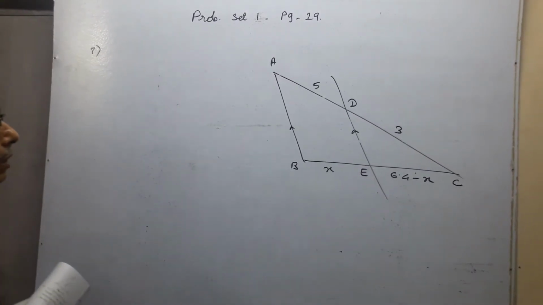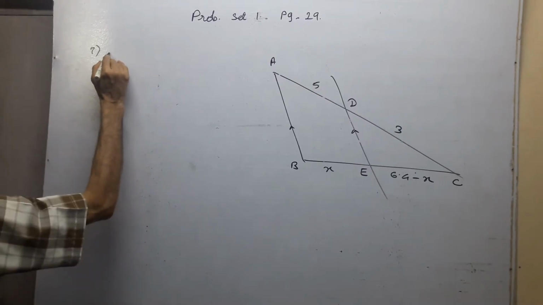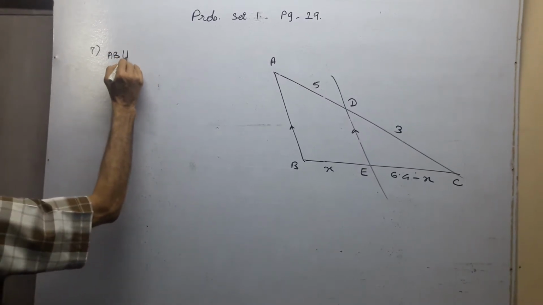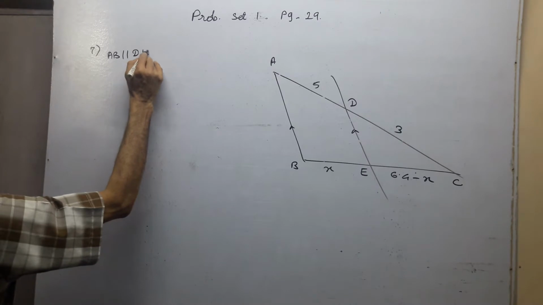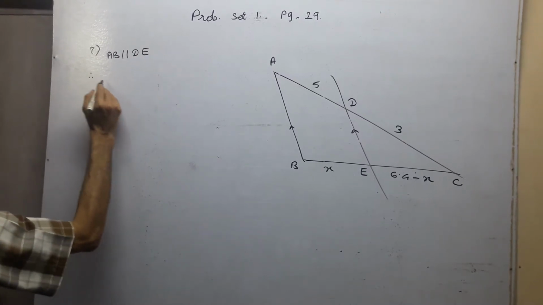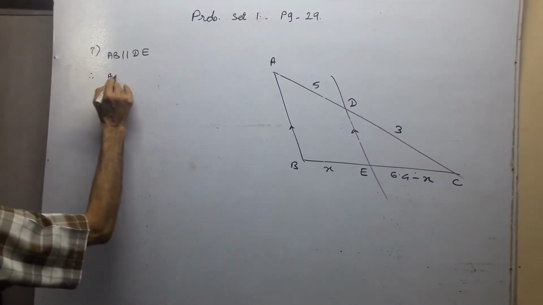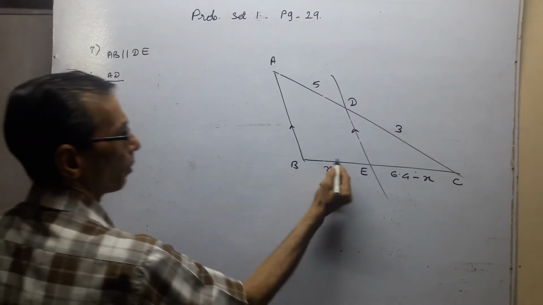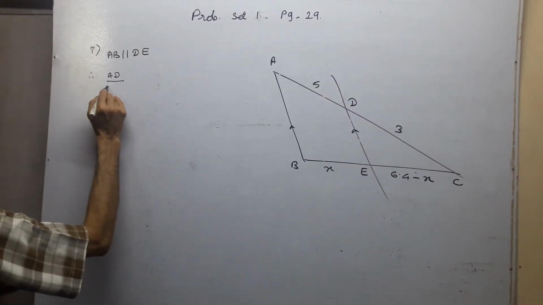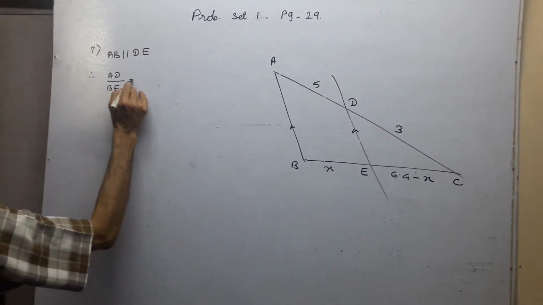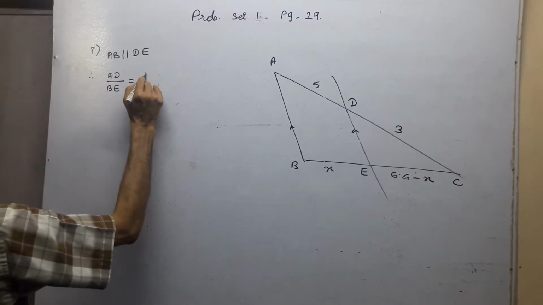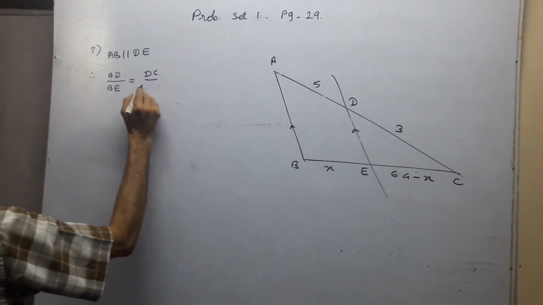So, according to the BPT theorem, we are given that DE is parallel to AB. Therefore, we can write AD upon DB is equal to CE upon EC.